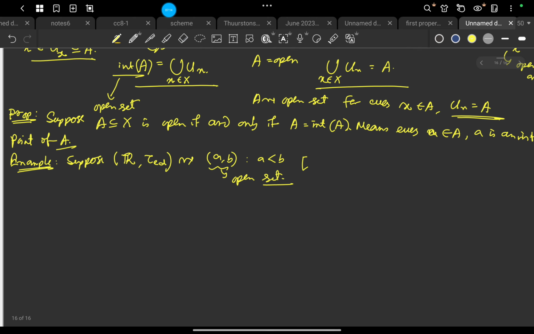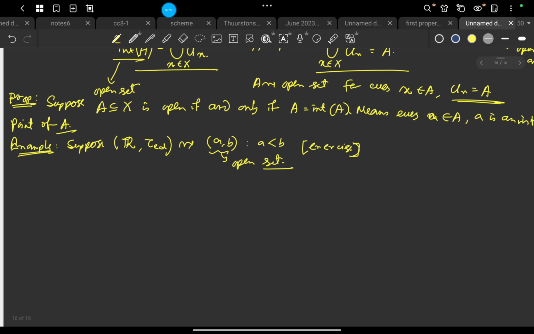You can take it as an exercise to prove it. Later we will see that these are called the basic open sets. Now let us see a very beautiful example. Let us consider (R, tau), the normal Euclidean topology.